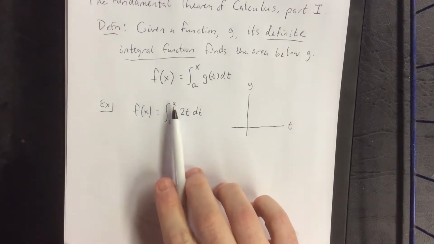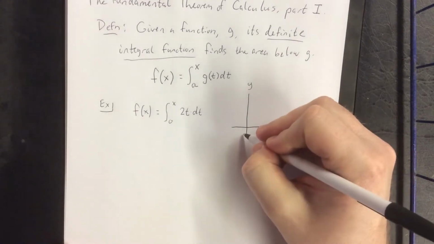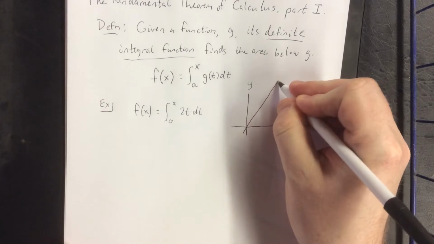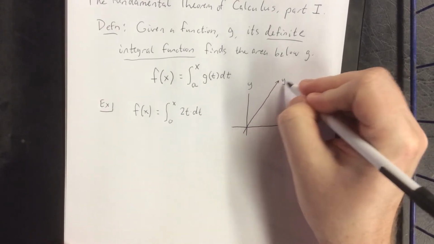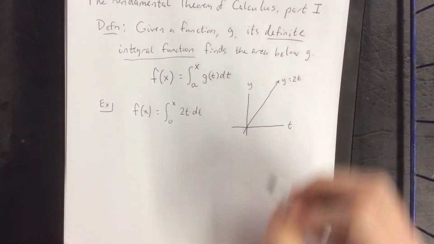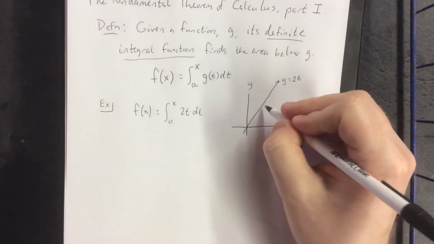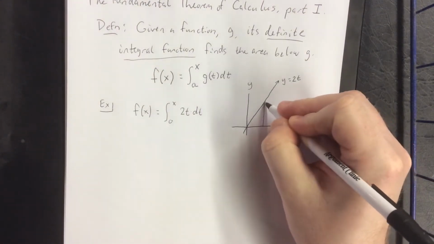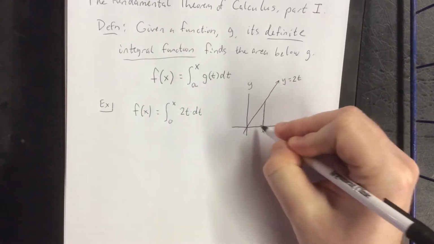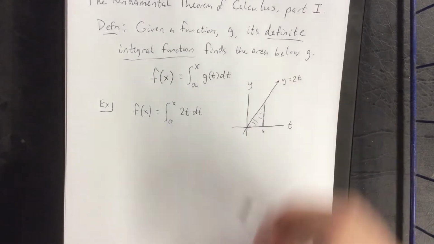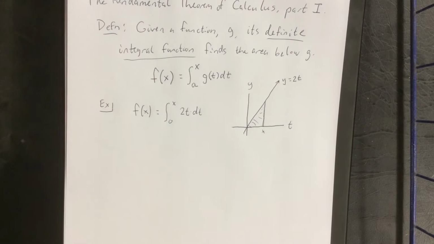So essentially what this is saying is we'll take the function y equals 2t, and we are going to calculate the amount of area that's underneath here. Now, good news for us is that the area in this case can be interpreted as the area of a triangle.